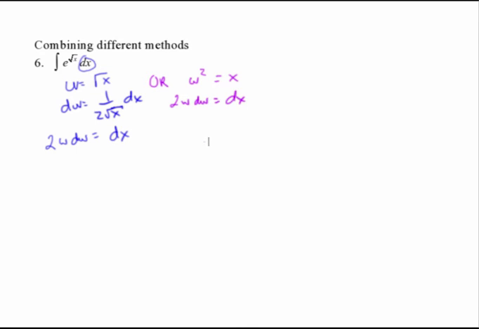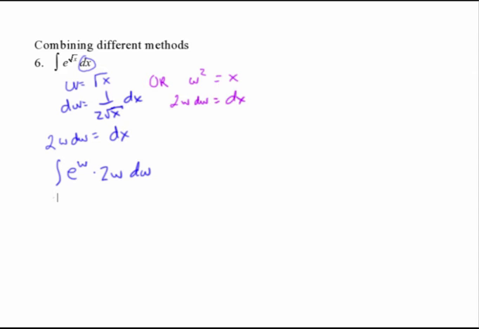So now let's go ahead and plug this stuff in. We have dx, and we have the substitution e to the square root, so it's going to be e to the w times 2w dw. And now you can see why I put this in with integration by parts.